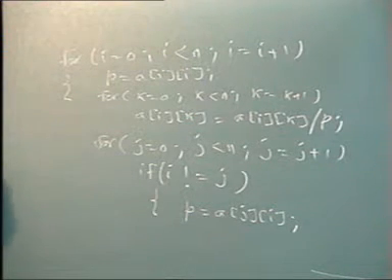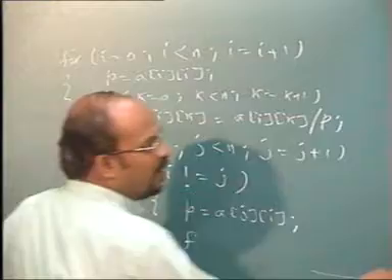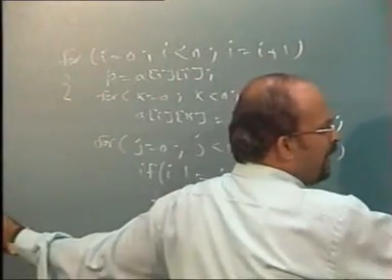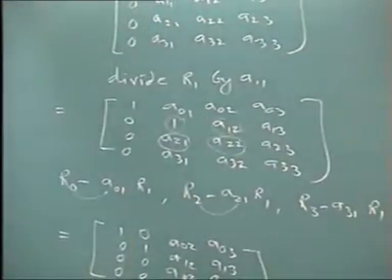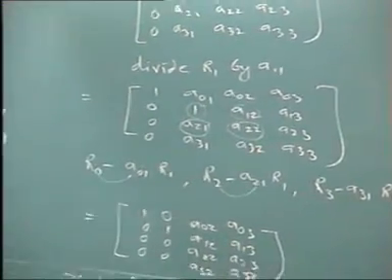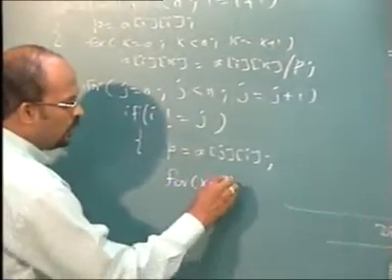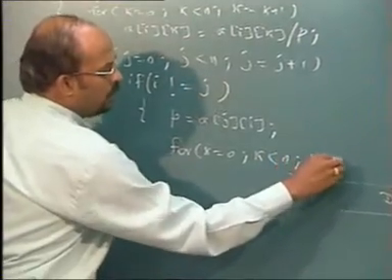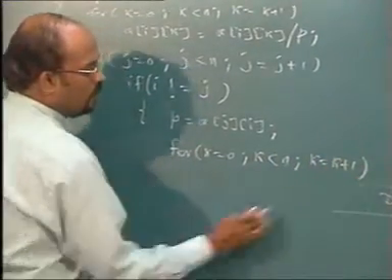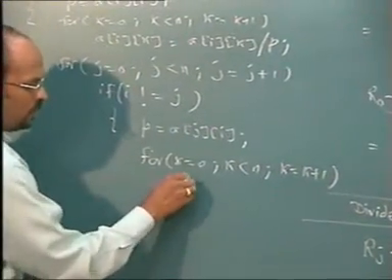So there are n elements. For every element, from this element subtract this one, from this subtract this, like that. So you will have to again move row wise. So it is for k equal to 0, k less than n, k equal to k plus 1, A of jk.